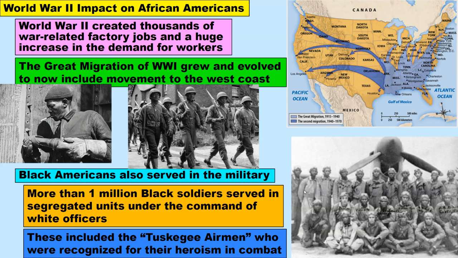They flew these little Mustang fighters that would escort those enormous B-24, B-17 and B-29 bombers. They were highly decorated. They were known as the Red Tails because of the red tail on their fighter planes. And they were recognized and awarded for their incredible heroism during the war.